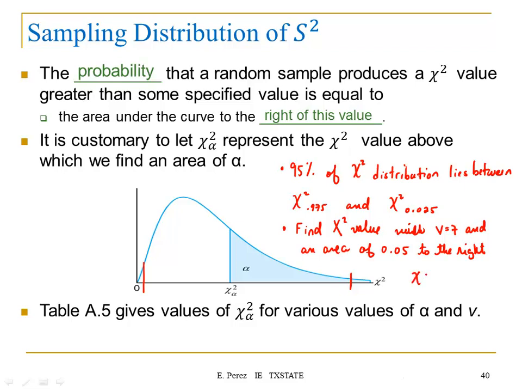So I'm asking about chi-square of 0.05 with v equals 7.